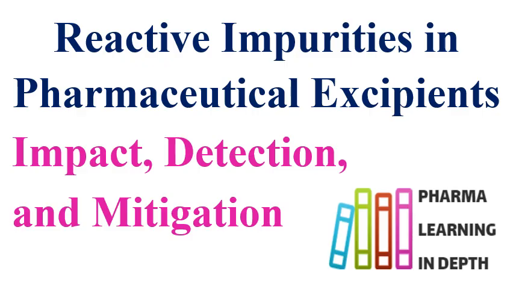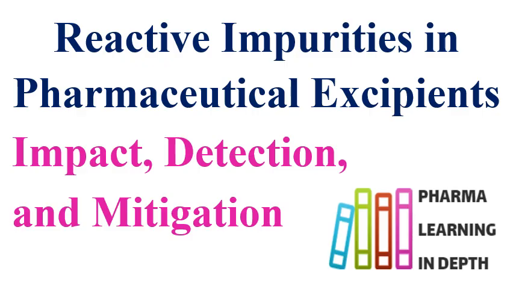Many of the times, formulations become unstable due to the formation of impurities, and if the impurities are formed beyond the specification or beyond the safe limits, then the formulation cannot be safe and effective.